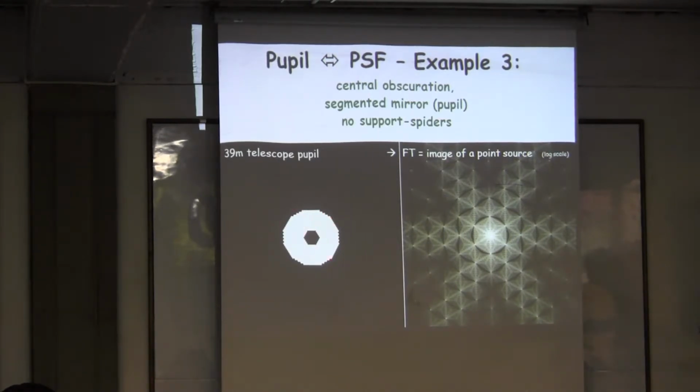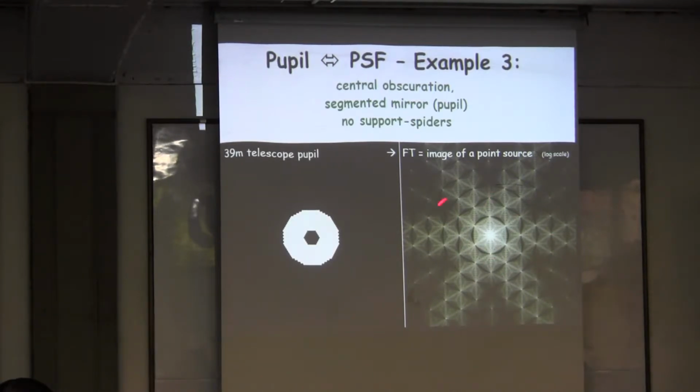That means we have a pupil that's built of smaller segments, 1 meter mirrors that we put together. Now when you put it together, you always have a gap between the mirrors. Gaps between the segments. And again, these gaps give high spatial frequencies with respect to the pupil, and that will show as additional high frequency structure in our point spread function.